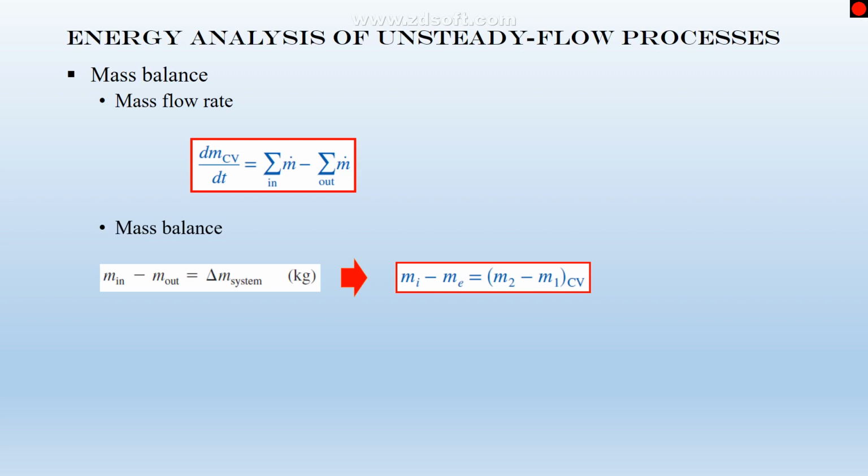Or you can write m in to the control volume minus m e equals m2 minus m1 for the control volume, so the mass of the control volume at state 2 minus the mass of the control volume at state 1. Keep in mind that we generally use this equation to analyze the tank during charging and discharging processes. So this is the mass balance equation for unsteady state processes.